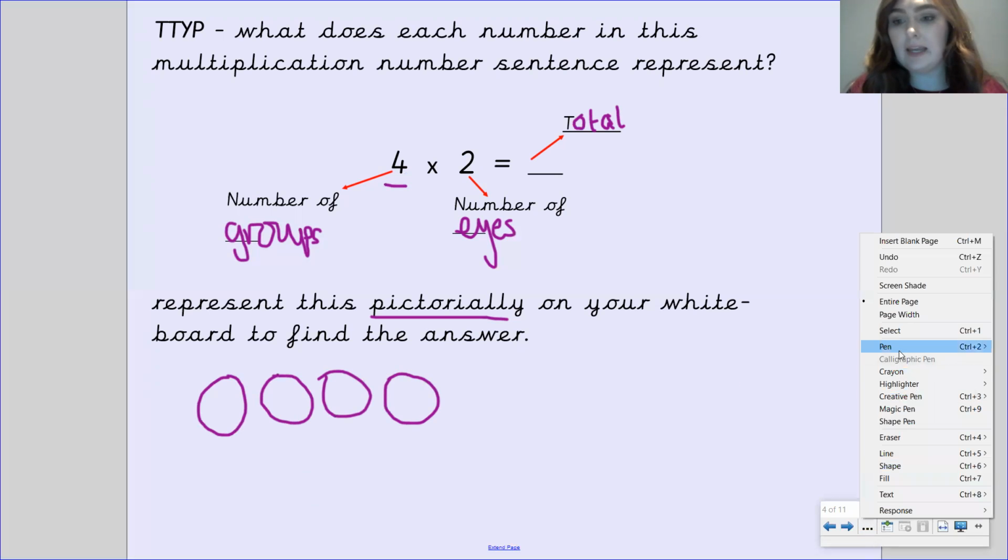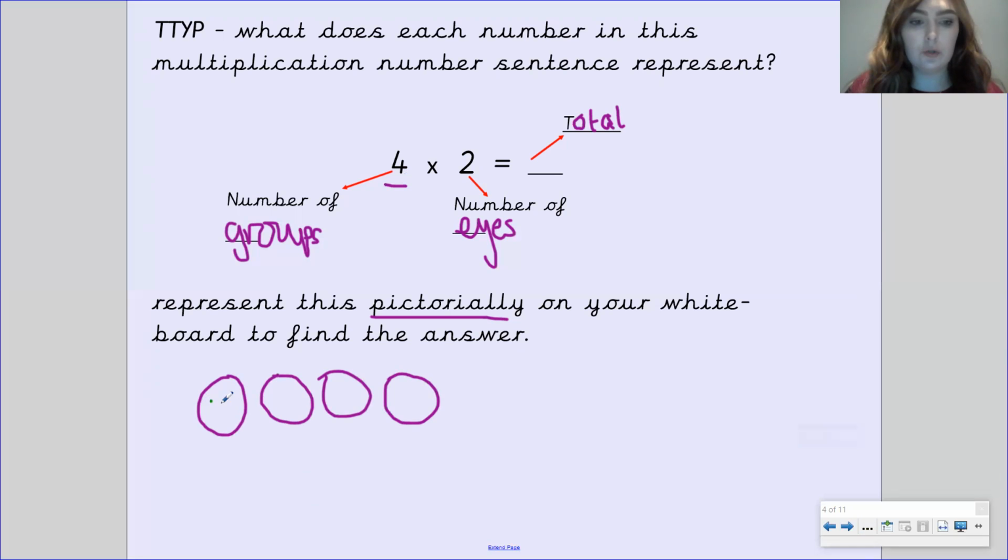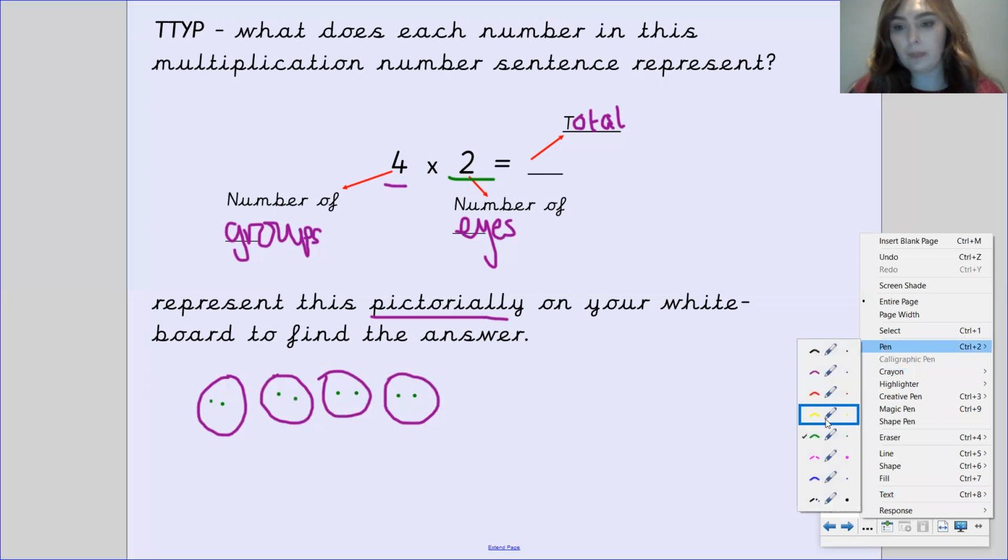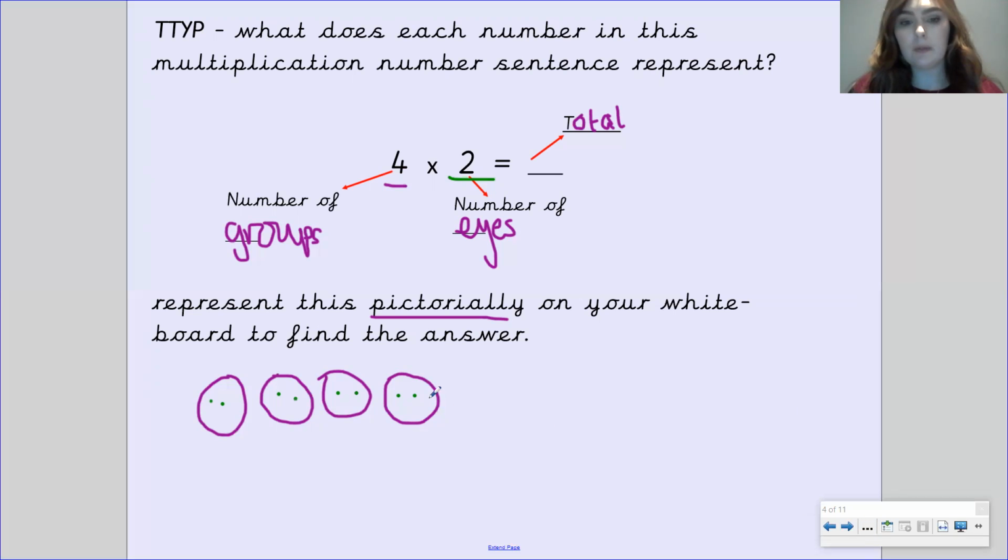And then in each circle, you drew 2 dots, because there are 2 in each group. And that should give you your total of 8. Well done if you got that correct.